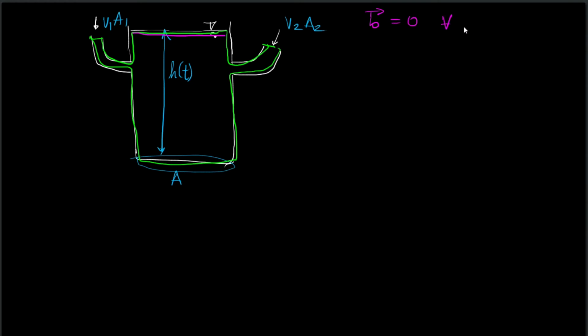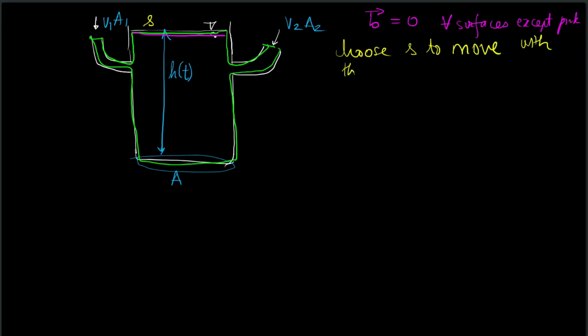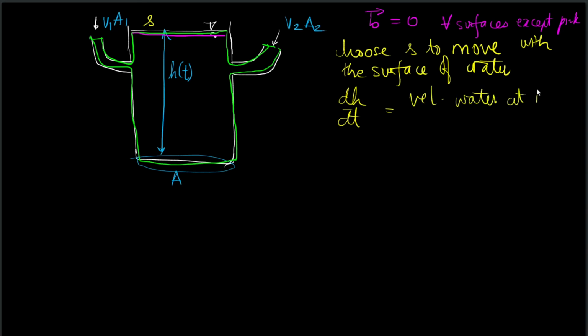Let me call the pink surface S. We choose S to move with the surface of the water, meaning dH/dt, which is the velocity of the water at the free interface, is also equal to the velocity of the control volume at this particular segment.